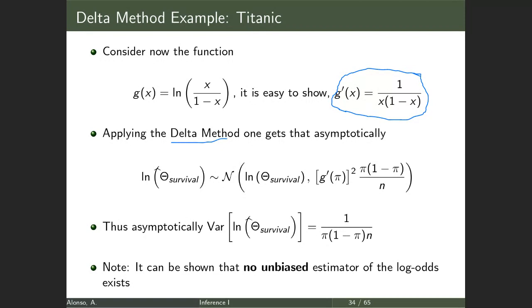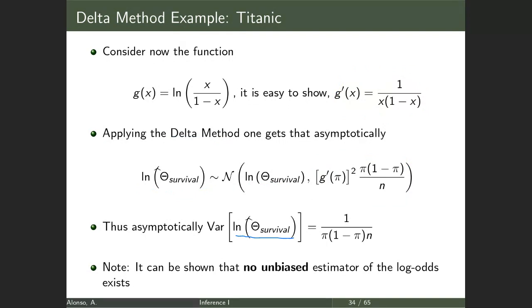And now you can see that the logarithm of the estimator for the odds of survival follows asymptotically a normal distribution, with mean the log of the odds of survival, the real parameter, and with this variance. So applying the delta method, we can get an estimate of the variance of the estimator for the log of the odds of survival.